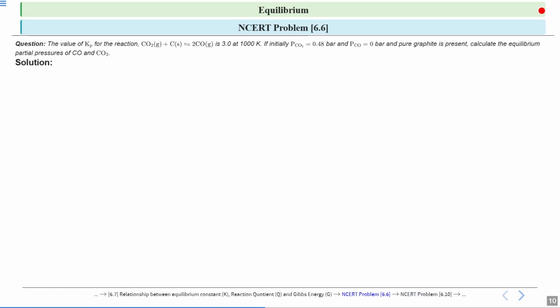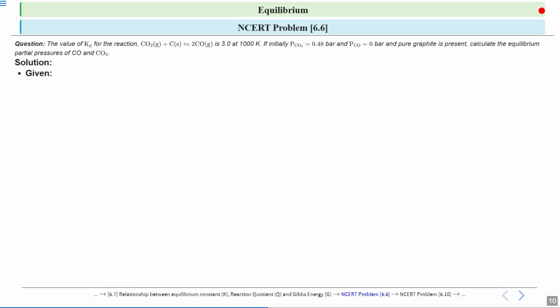So you have 15 more seconds. Just use the ICE table. Take the change as X. So this will be a hint to you. So your time is up. Let's see how we'll solve it.